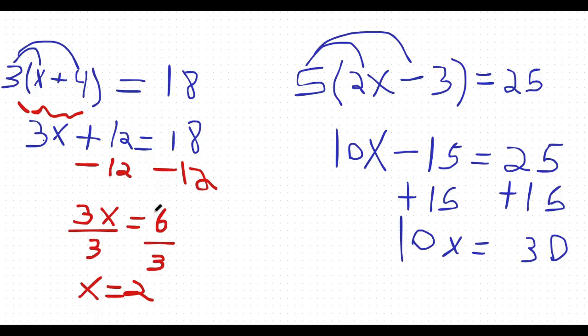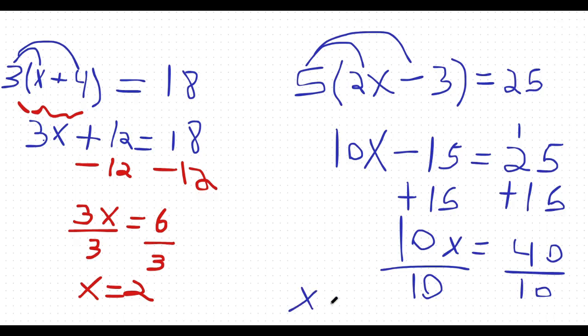Whoops, not 30. It is 0, carry the 1, which you can do in your head, but 40. All right, now thanks to the distributive property, we've gotten to this simplified point. So divide by 10, and we get x equals 4.